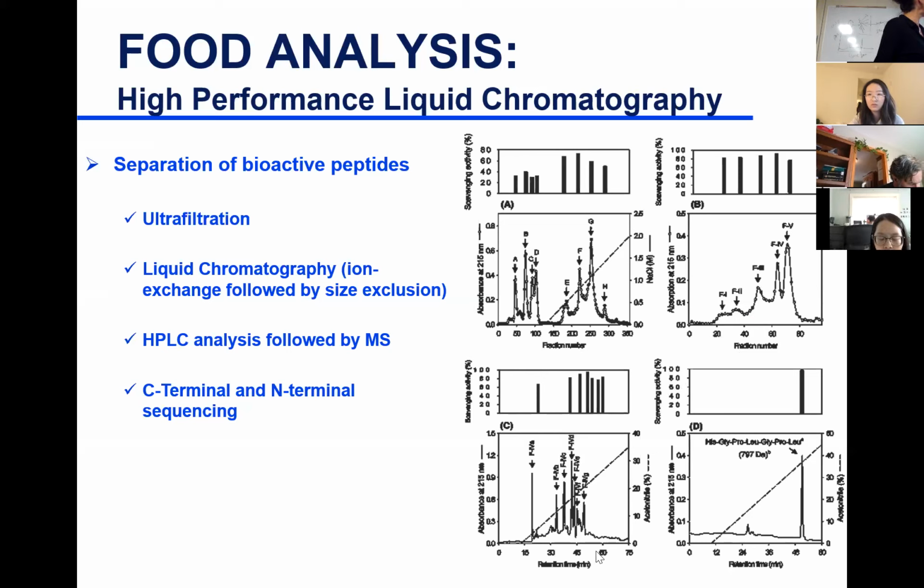I take that fraction, and to identify it further, now it's a pure fraction, I run it on LCMS, or I do N-terminal or C-terminal sequencing, which is an advanced mode of analysis to determine the peptide sequence. Then I would determine the sequence and I confirm its bioactivity. So this is an example where you can do multi-dimensional HPLC to purify a particular component.